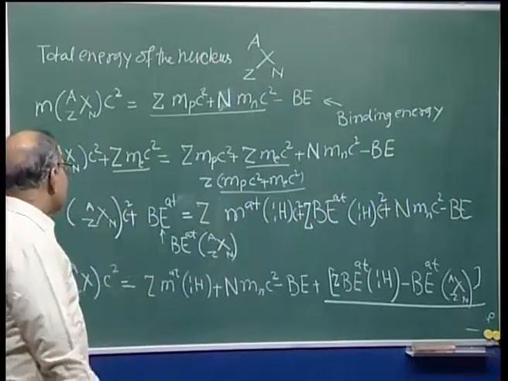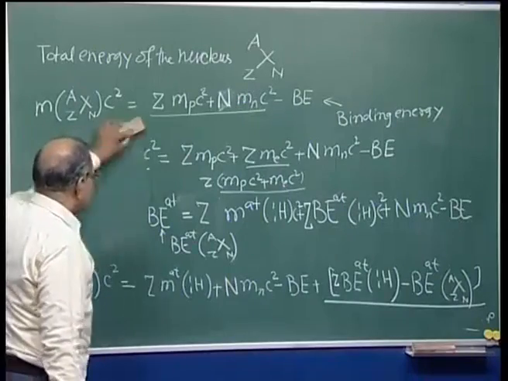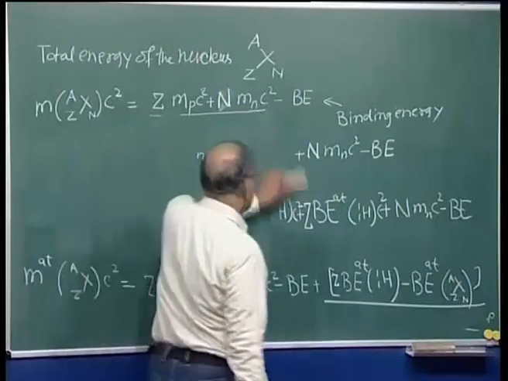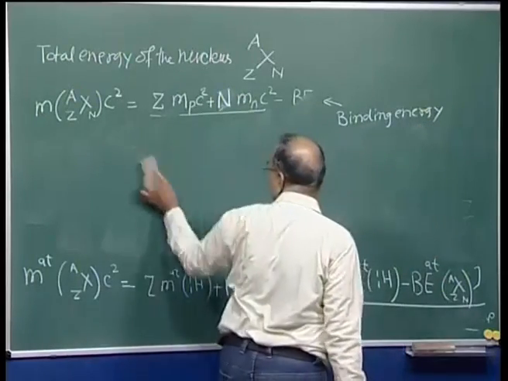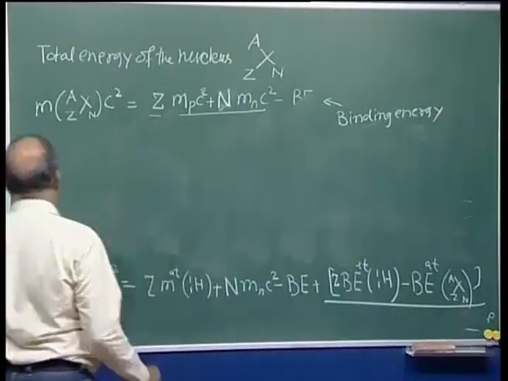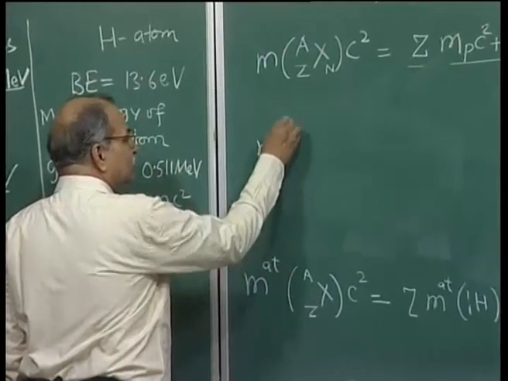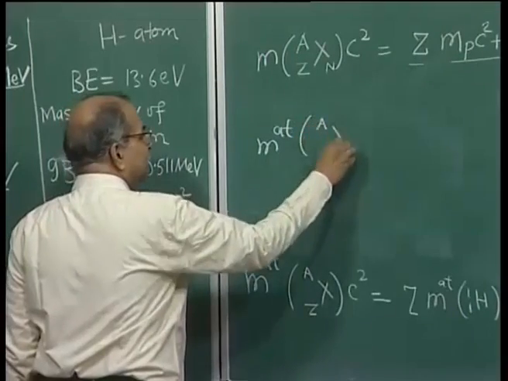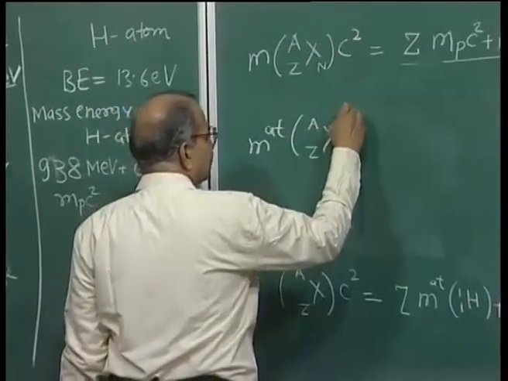So, if you neglect that, what happens? If you neglect that and write it here, you have mass, atomic mass. Now, you take atomic mass of this atom with Z protons and A total nucleon number.